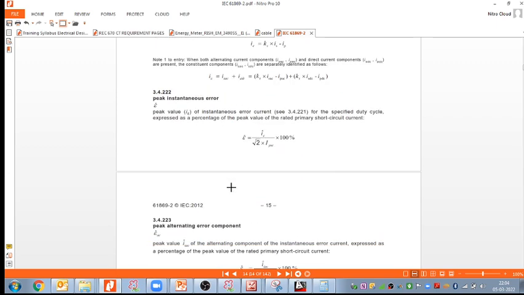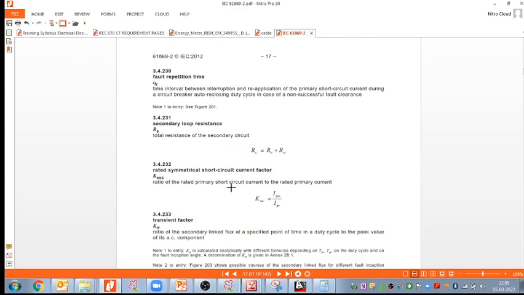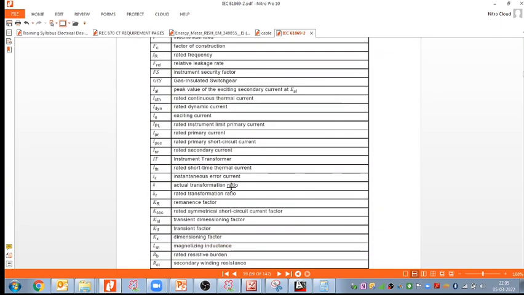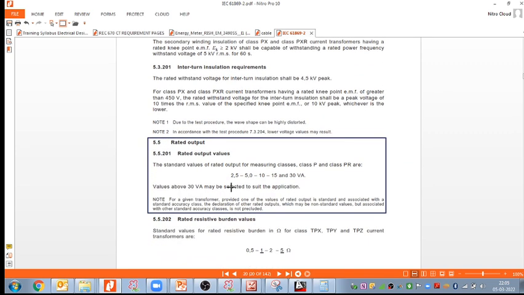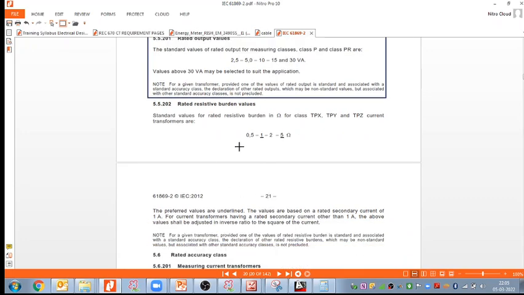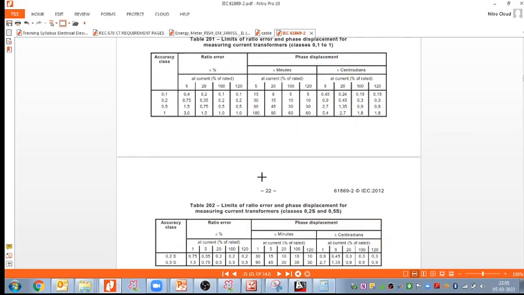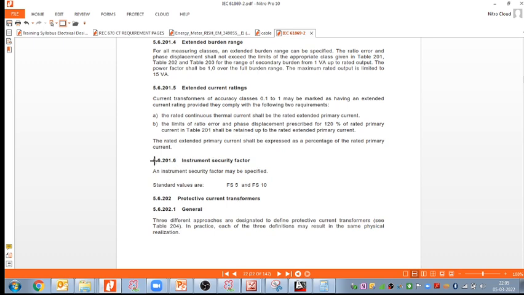Let us go and see the factor of safety values we can take, and why they have taken 5 here. So let us go to the output burden discussed, resistive burden values, rated accuracy class discussed, error also we discussed, and then yes, instrument security factor.